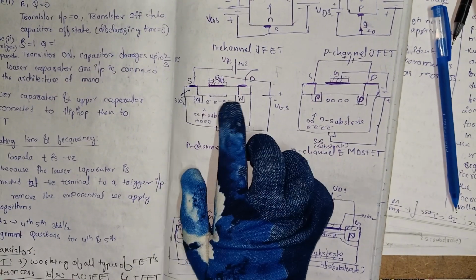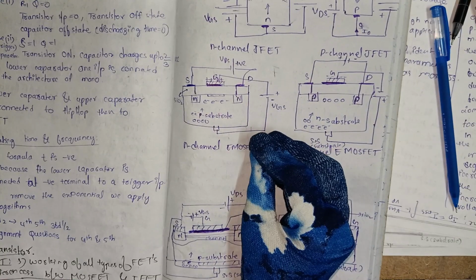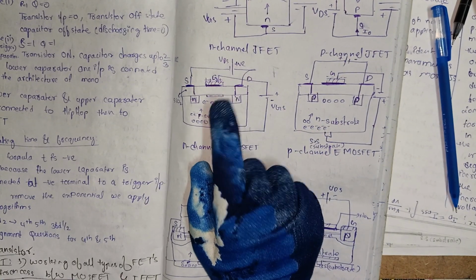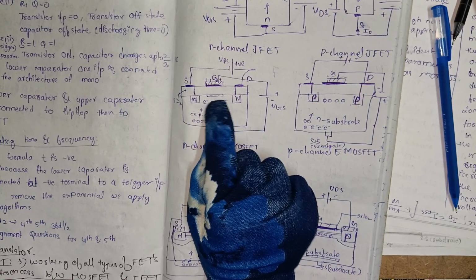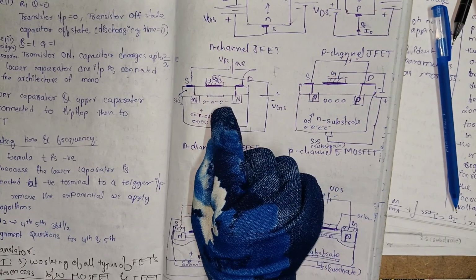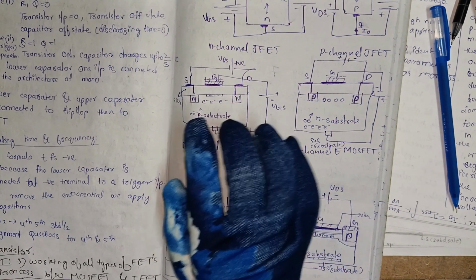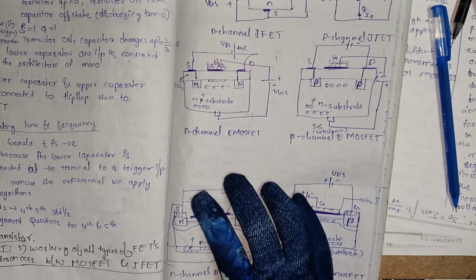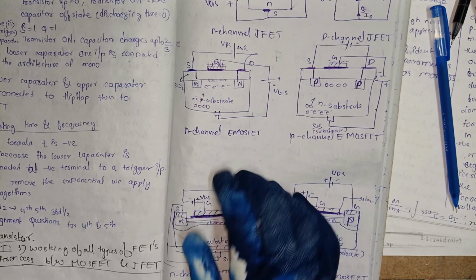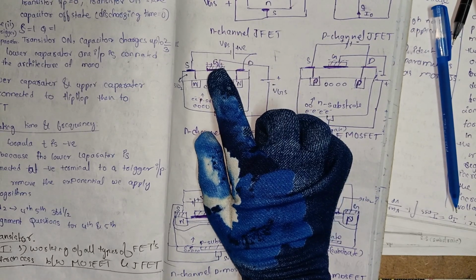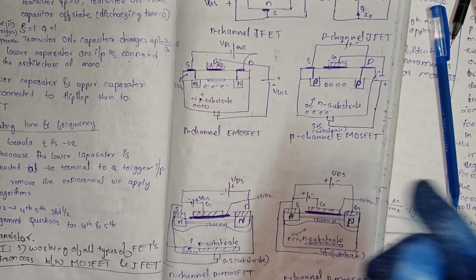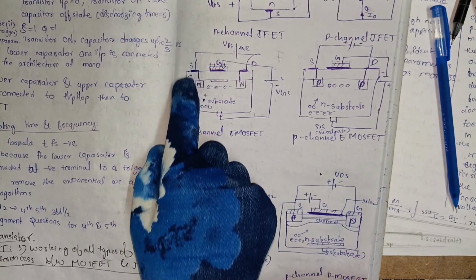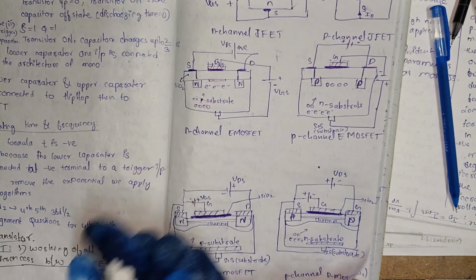Here in the E MOSFET we have to create the N channel. This is the final diagram. In the initial diagram this channel will not exist. So we are applying a VGS voltage, and we are controlling the current flowing between source and drain.